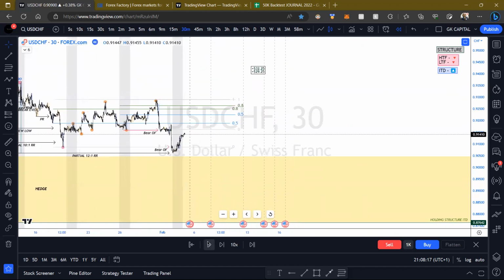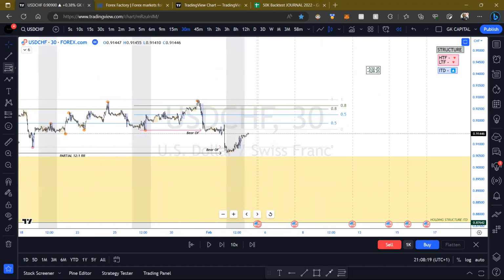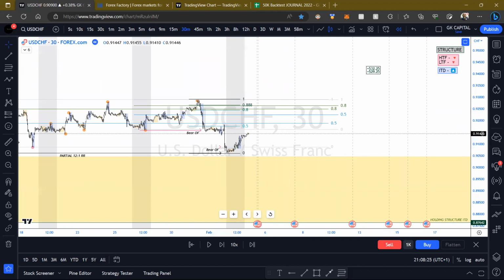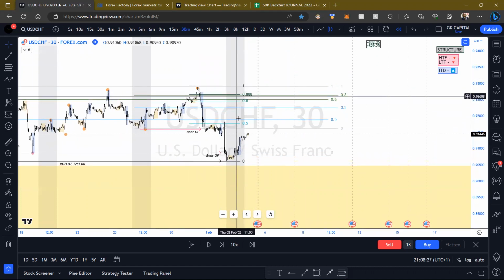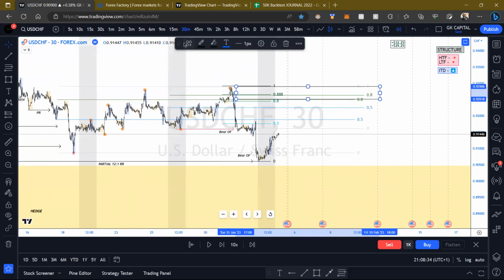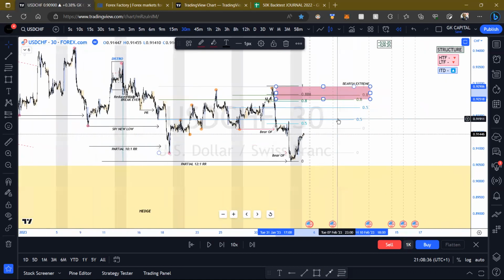Okay, so the retracement seems to have started. Okay, I like this area. It's screaming to me. This is not very strength.